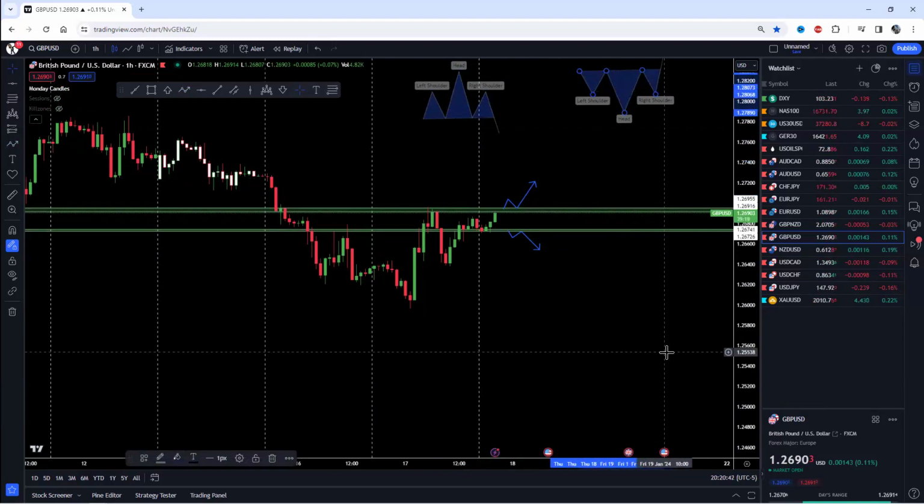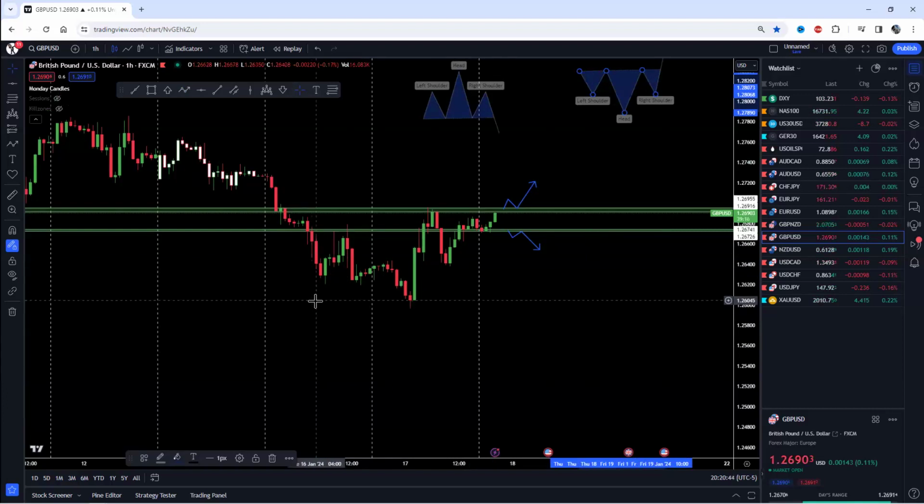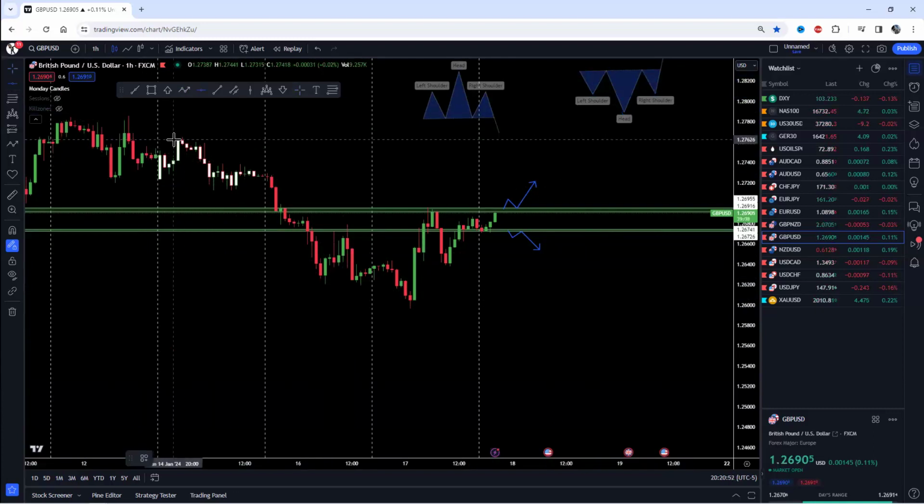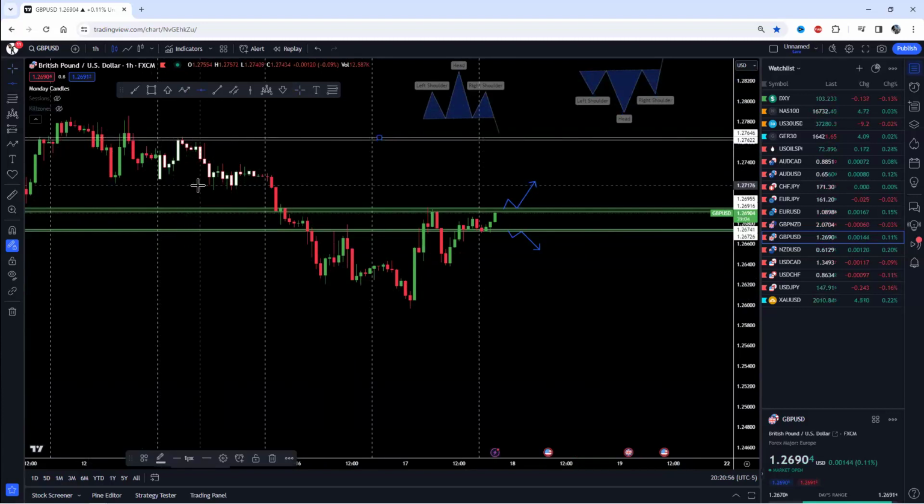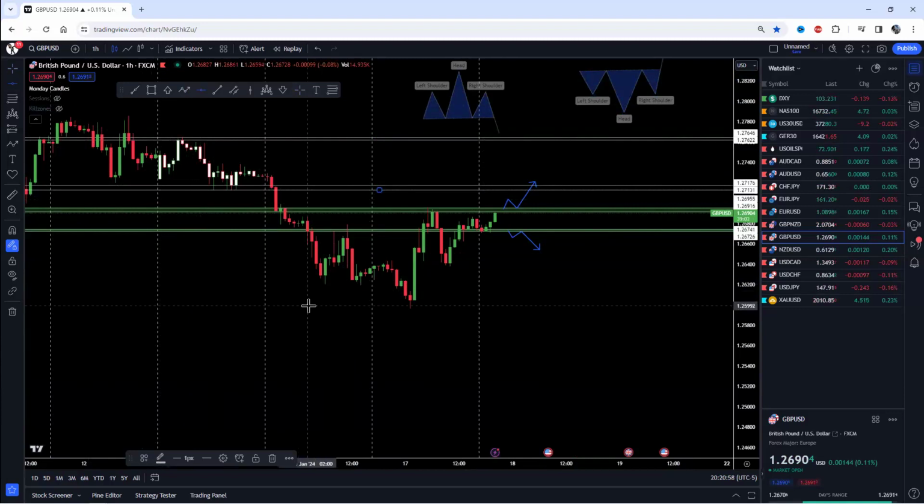We know that we have to retest wherever we broke out at. Okay, so let's look at Monday. Let's put a line at the top of Monday, and let's put a line at the bottom of Monday.